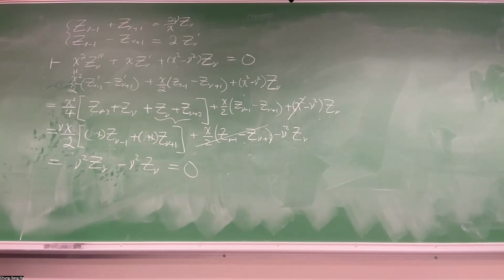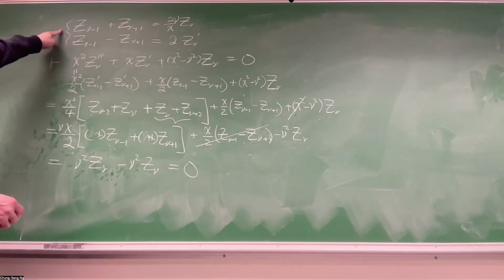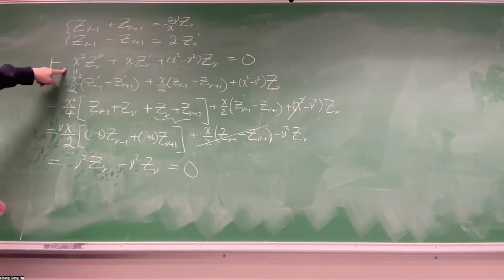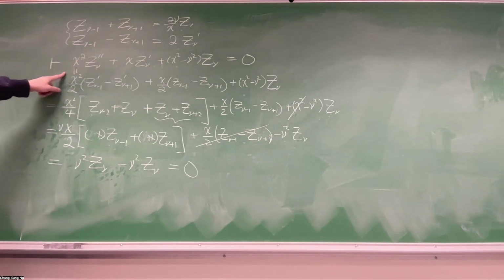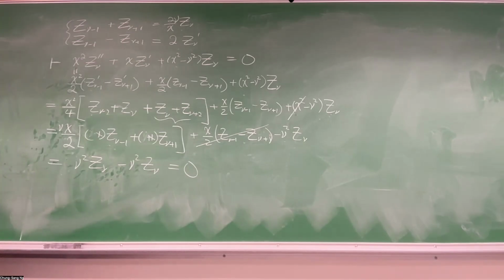So that is, at least one way, how the recurrence formula shows that this function satisfies the Bessel equation. And this is for arbitrary order.